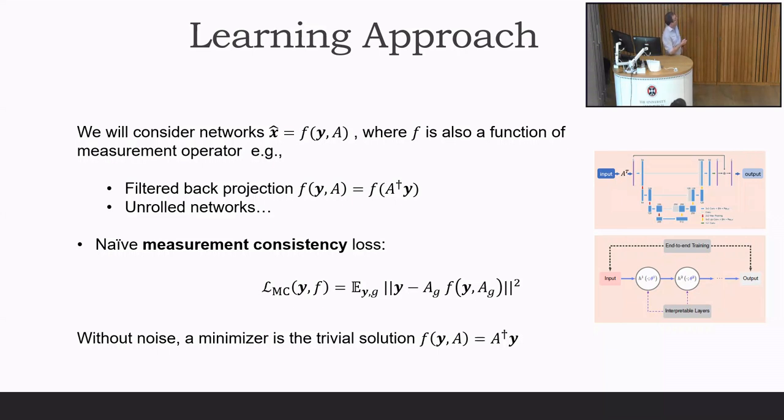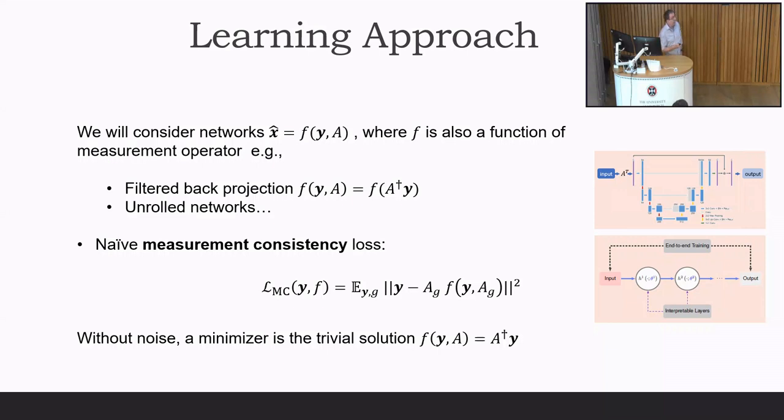Naive measurement consistency loss, here we basically are just saying, I'm going to take the expectation over all my data and all my operators of y minus the projection back to the measurement domain of my prediction of y given that operator.